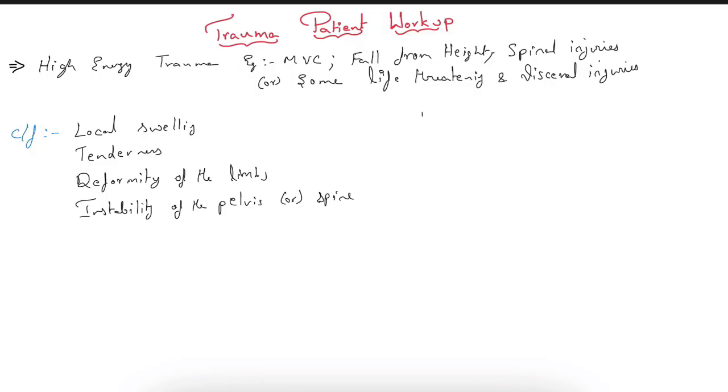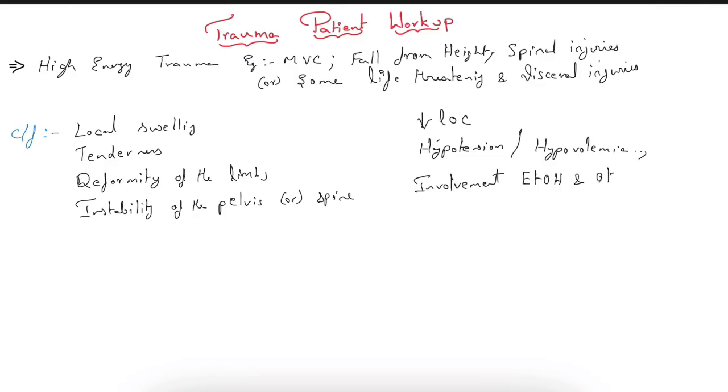And we can see decreased loss of consciousness, and hypotension because of hemorrhage, and hypovolemia also. So these are the things mostly we can see, and sometimes involvement of ETOH or some other substances.